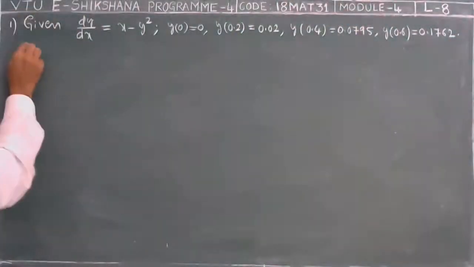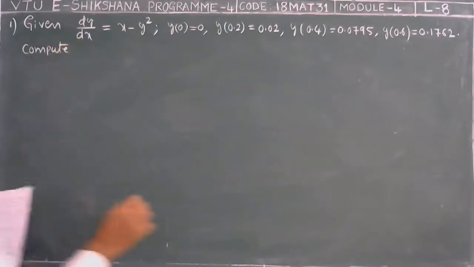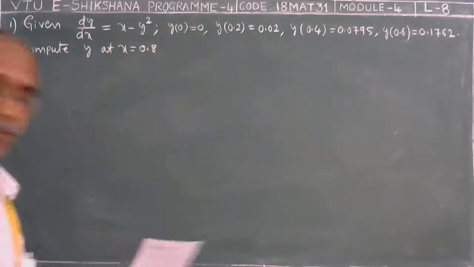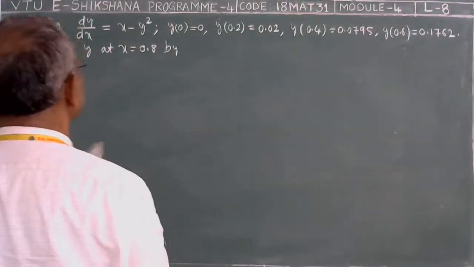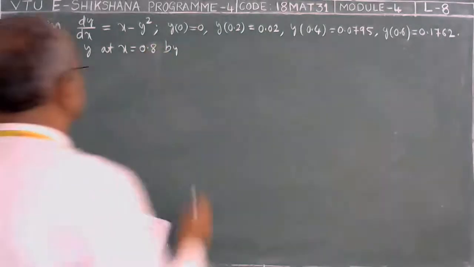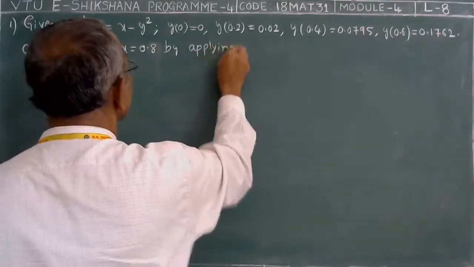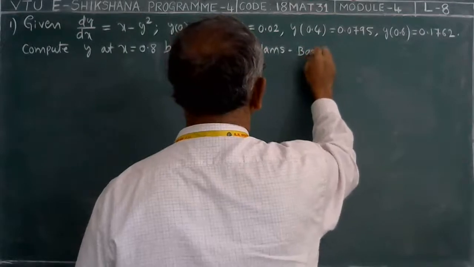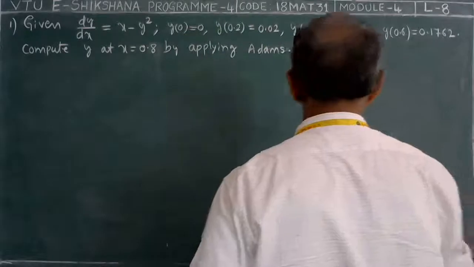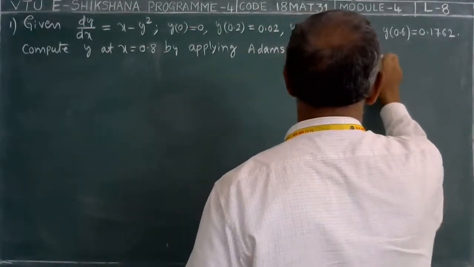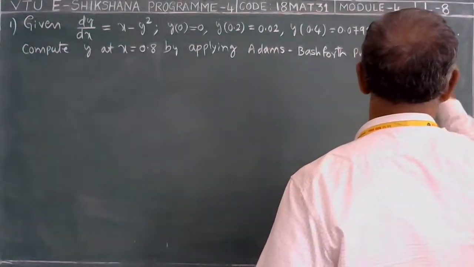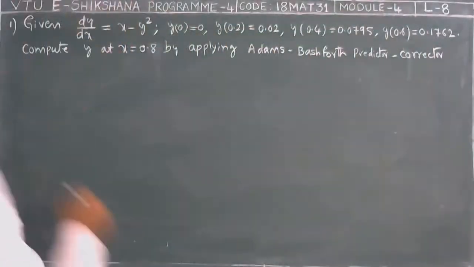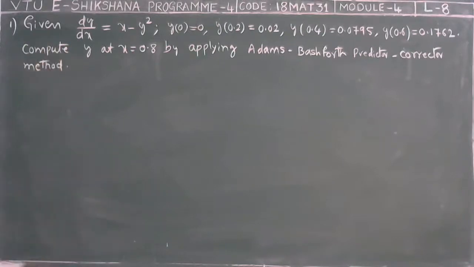Compute y at x is equal to 0.8, the next value of x, by applying Adams-Bashforth predictor corrector method.